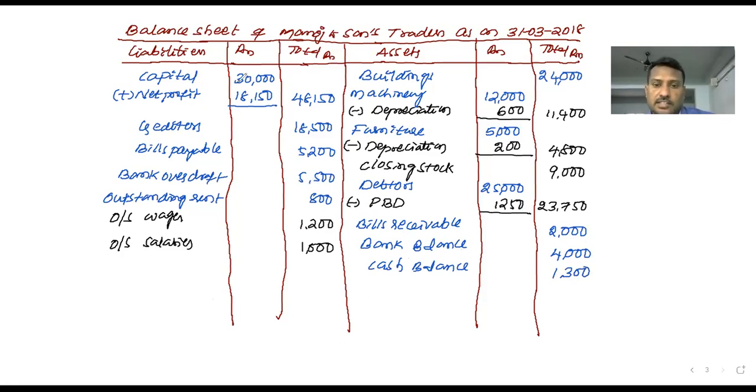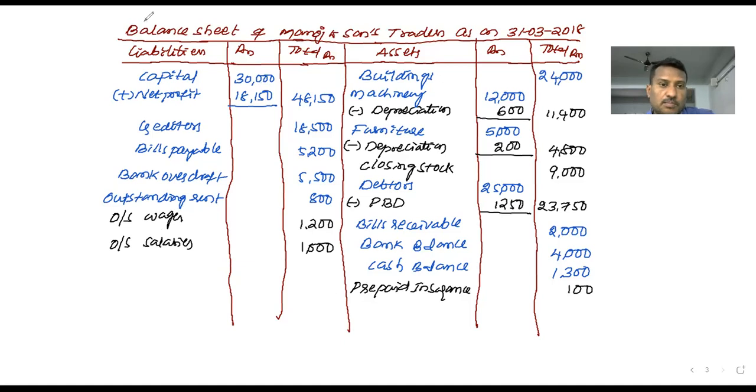Next, one more adjustment, prepaid insurance 100. Yes, my dear students, the balance sheet is also over. All the balance sheet information has been recorded on the liabilities and asset sides successfully.